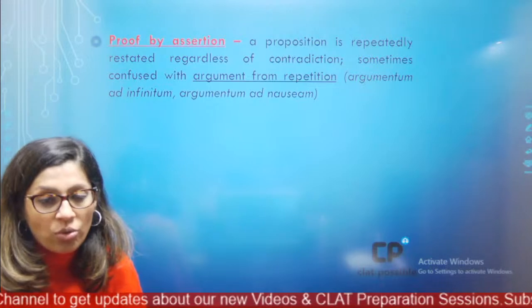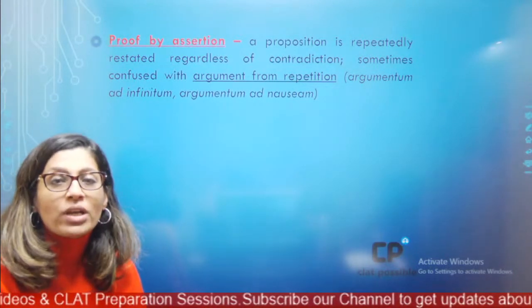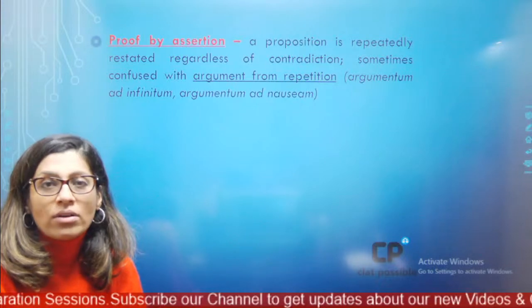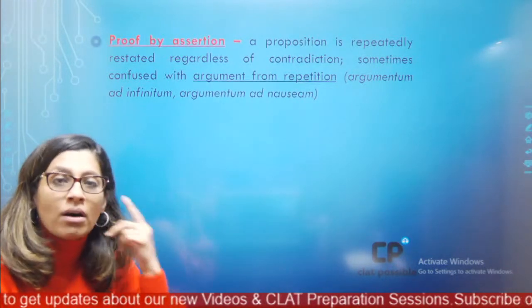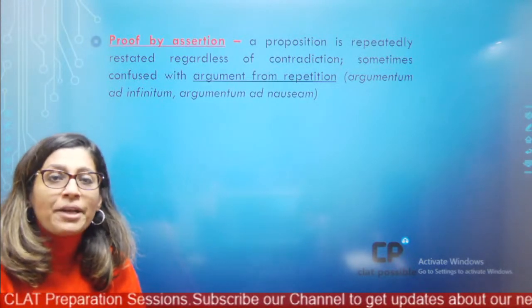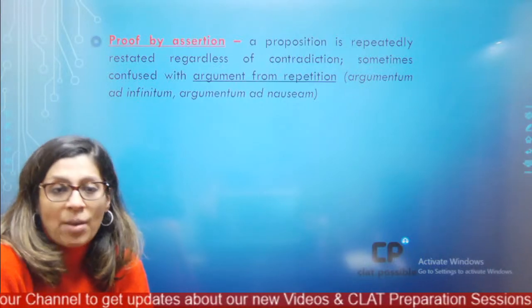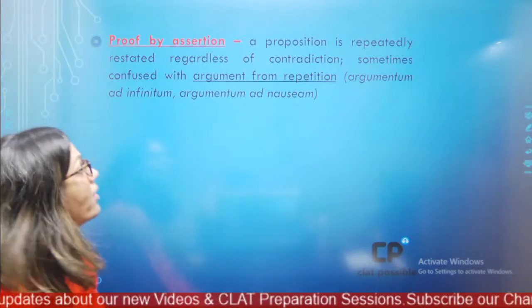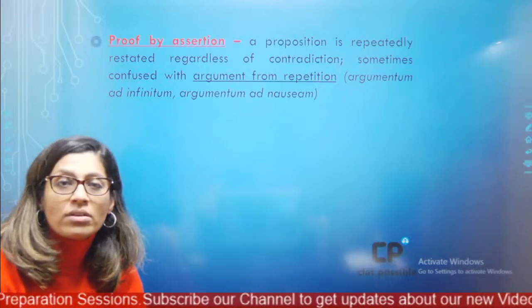This is something that you do all the time, even now when you are tall and big, and basically right up till you've attained voters' age, right? So if the marriage amendment bill doesn't come through, then some of you have attained marriageable age. So proof by assertion means constantly saying the same thing.